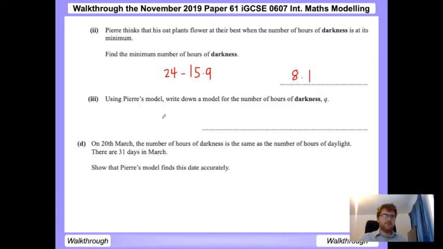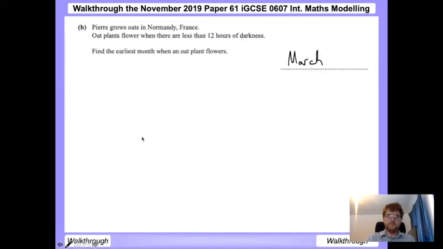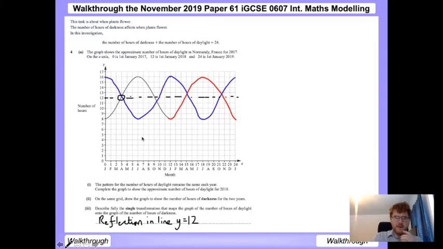Okay, and now using Pierre's model, we're going to write down the model for the number of hours of darkness. Now think about what we looked at right at the start. This graph here. Notice it was a reflection, wasn't it? There was a reflection between the hours of daylight, and if we reflect that graph, we get the hours of darkness.